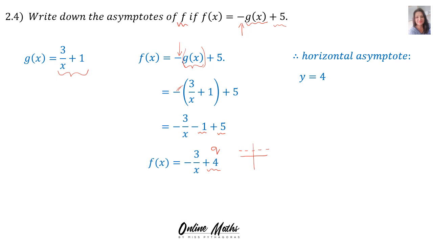That is your horizontal asymptote. So this graph will look like that. And then we know this is the vertical asymptote and that is the y-axis, and the y-axis equation is the line x is equal to 0.